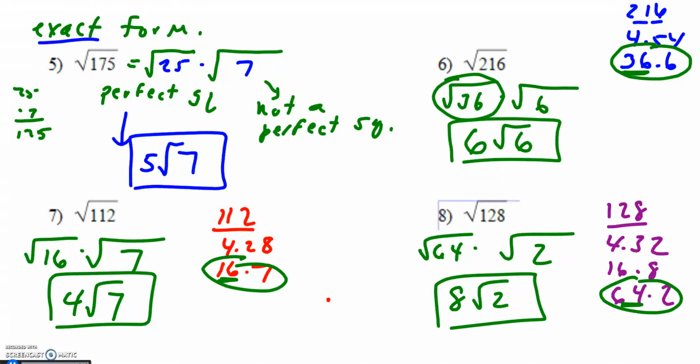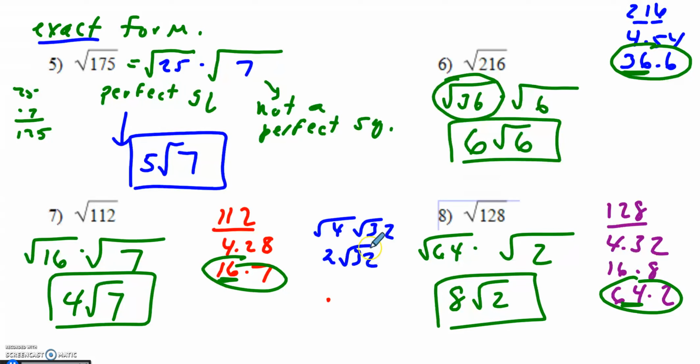Now let's say, I want to show you on this example, let's say that for number 8, you had picked 4 and 32 instead. Let's say you found this pair first and you said, I think it's 4 times root 32. This would work, but you just wouldn't be done as quickly because the square root of 4 would give you 2, but then you'd be left with root 32.